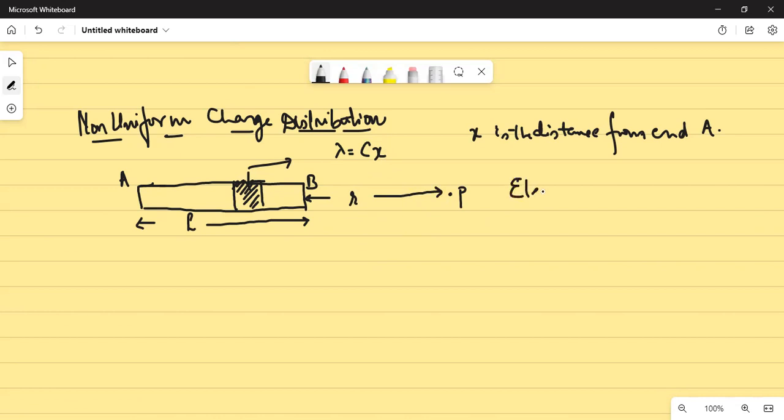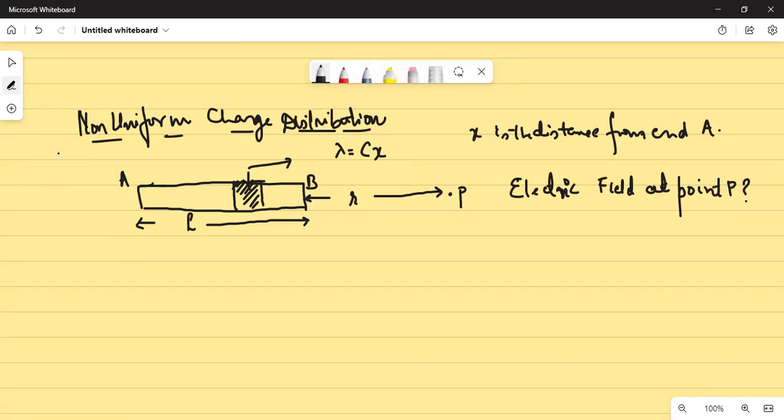So what would be electric field at point p? Okay, now my question is suddenly altered, and now I have to find electric field at point P. How to find electric field at point P? Is that clear to you? Question समझ में आ गया? समझ नहीं है तो बता दो.